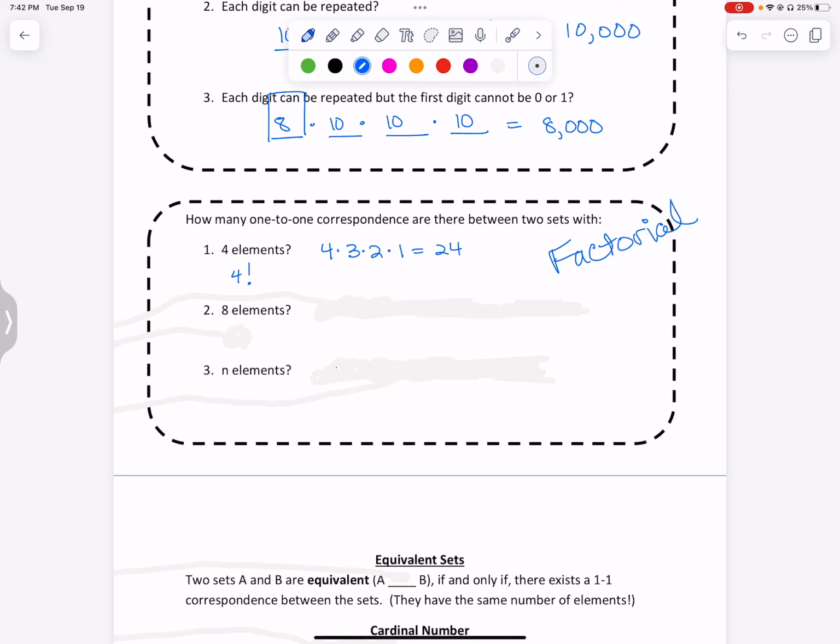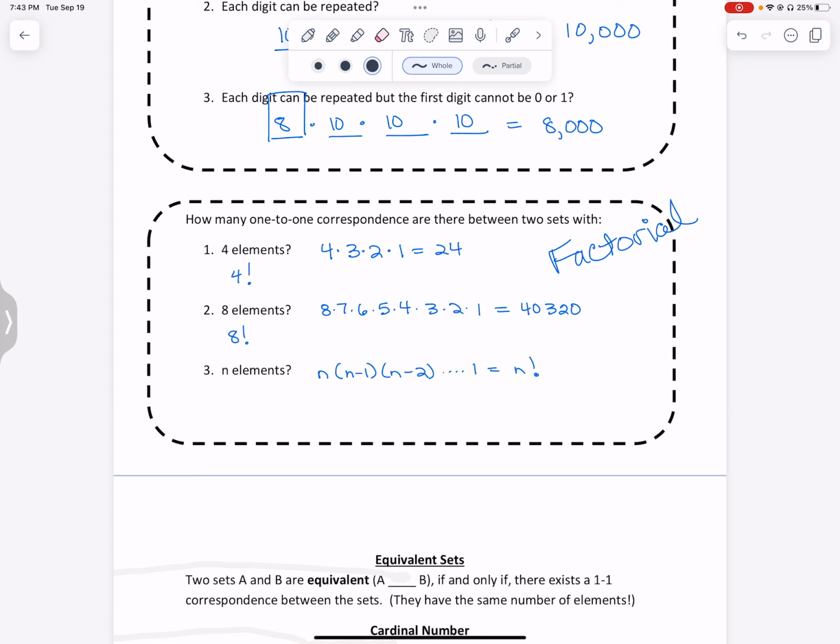Factorial. Okay. So if you had 8 elements, 8 people swimming in 8 lanes, that would be 8 times 7 times 6 times 5 times 4 times 3 times 2 times 1. That's 40,320. Again, the shortcut method is 8 with an exclamation point. What about n elements? Well, that's going to be n with an exclamation point.